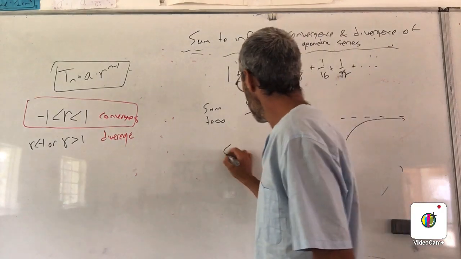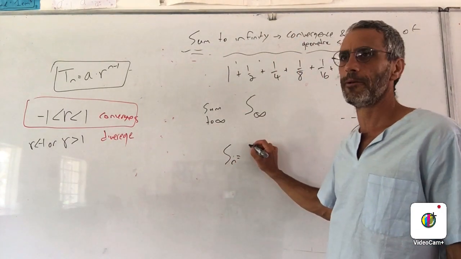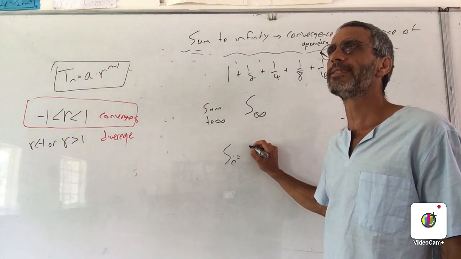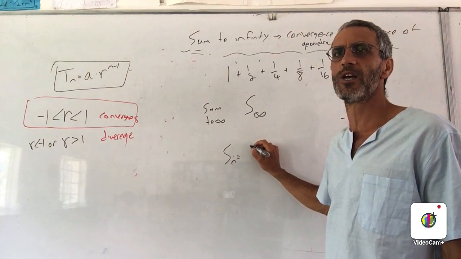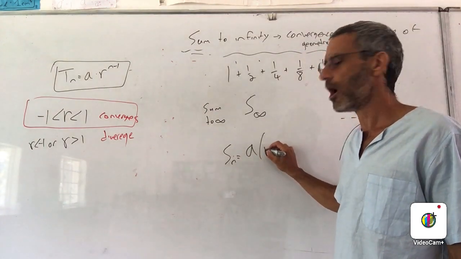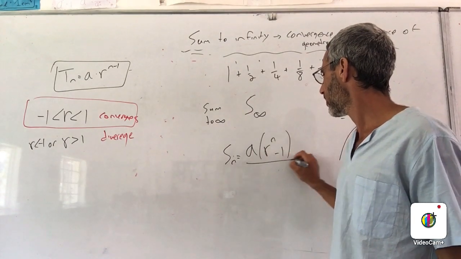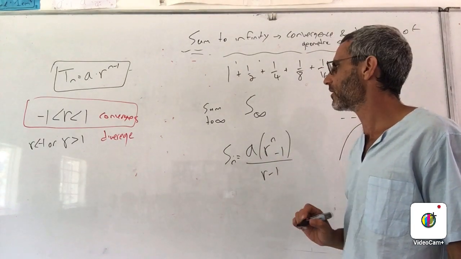Look at this. What is our formula for S n, the sum of the n terms? A times r to the power n minus 1 over r minus 1, right?